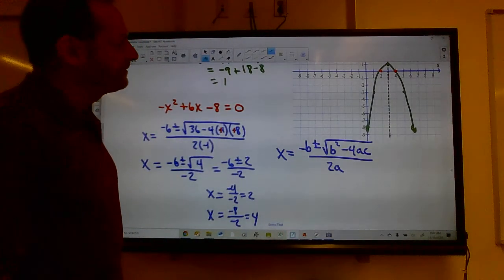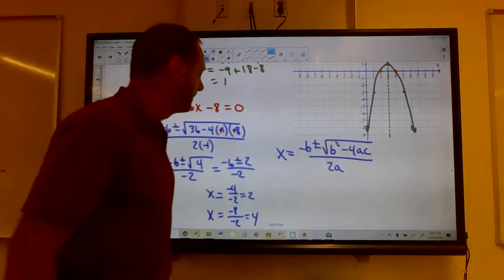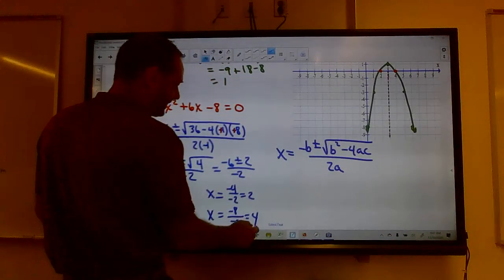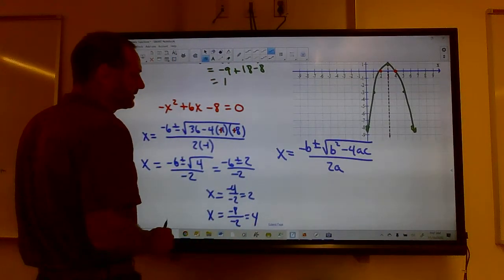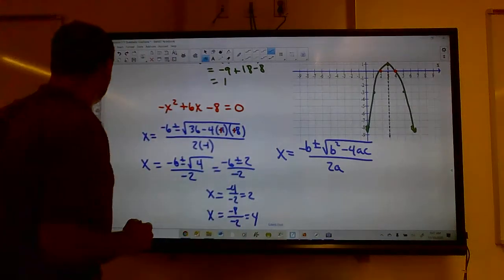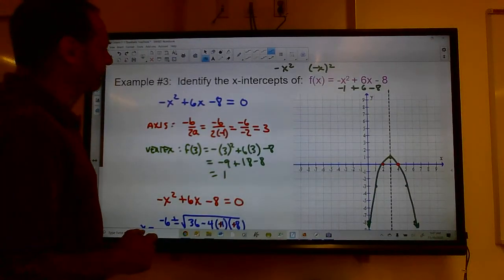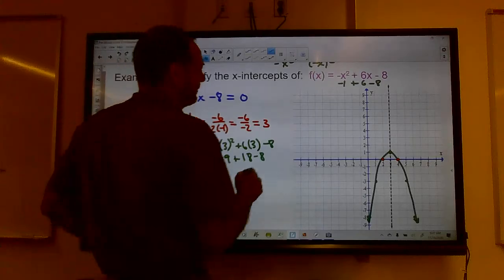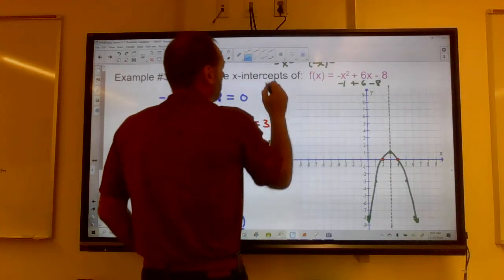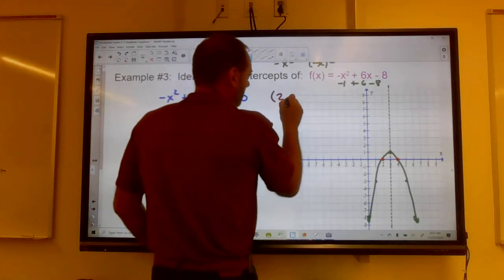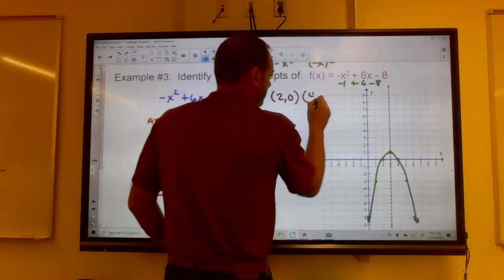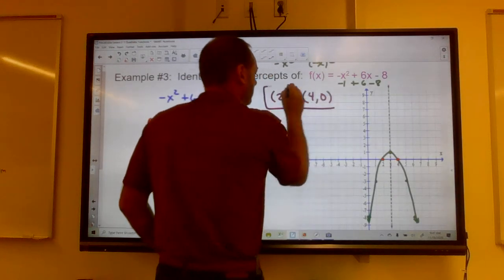So if I did my graph precisely, I could get it, but this definitely gave me the zeros. So the original thing was find the x-intercepts. So the x-intercepts would be 2, 0, and 4, 0. That's your actual answer right there.